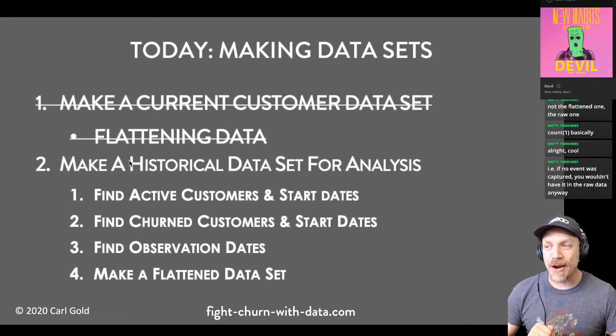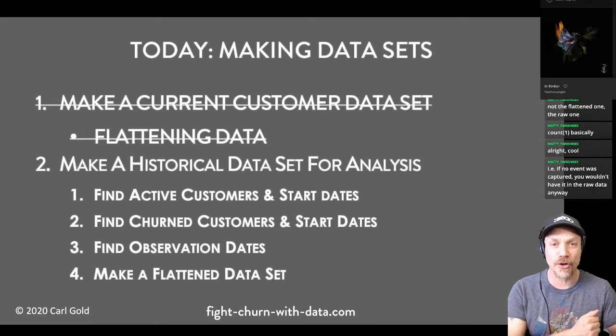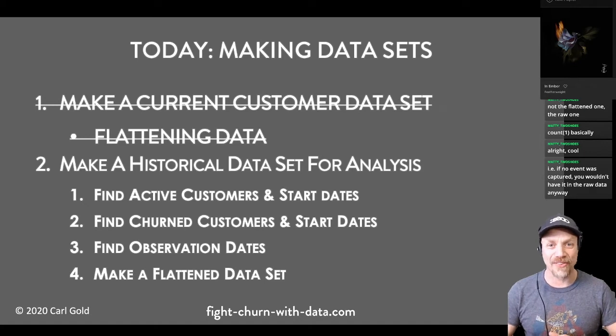And so here I break it out into different parts. The first part is to find the active customers. And that's because in your data set for understanding churn, you don't just want to look at who churned. You also want to look at the people who didn't churn. Because it's just like in any analysis, you need both positive and negative examples, right? If you're familiar with data science, you already know that.